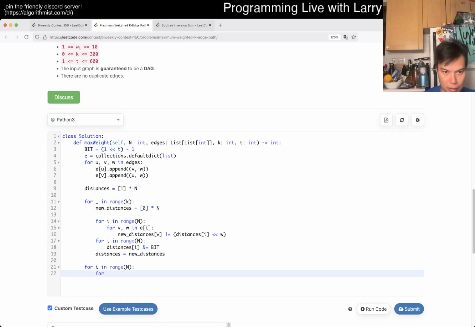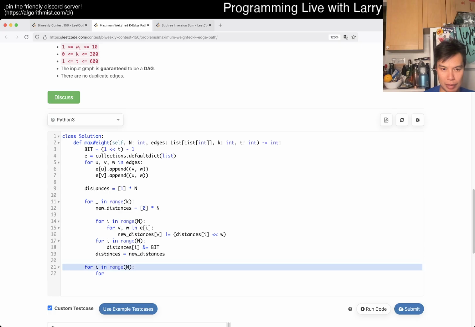And then now, okay. Okay, maybe I actually want it the other way. So for C in range of T minus 1, for I in range of N, otherwise we return -1.